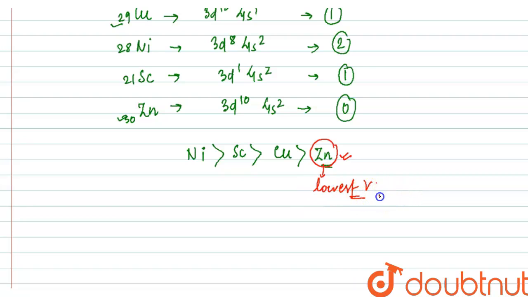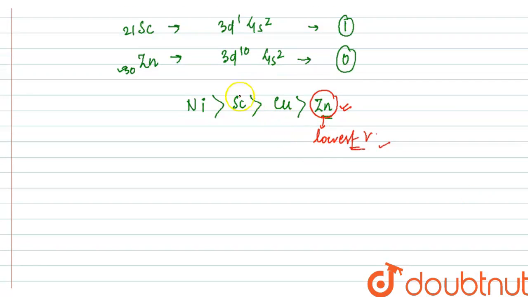But the mass of zinc is more, so it will compensate for the effect of volume, right? But scandium here has a weak interatomic force, and also it has the least mass out of all these four elements. So scandium will have the lowest density.